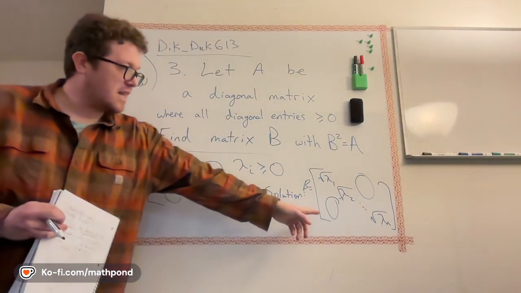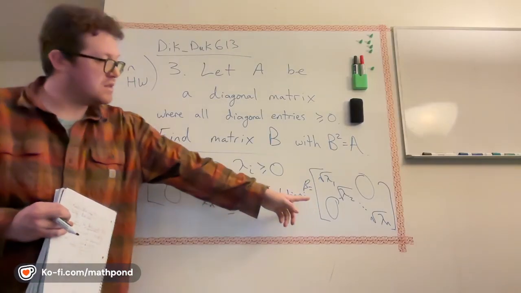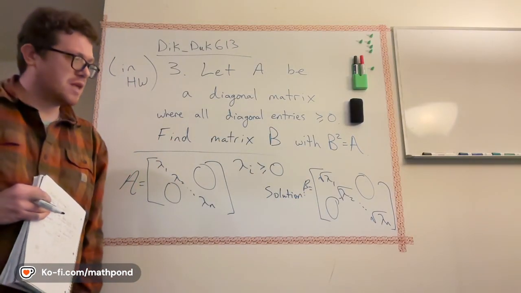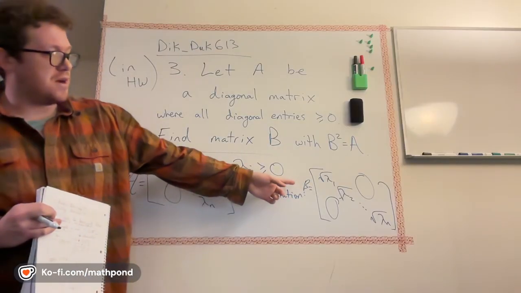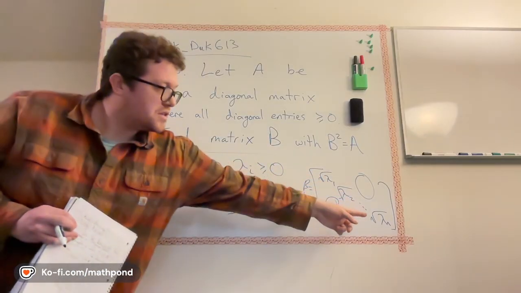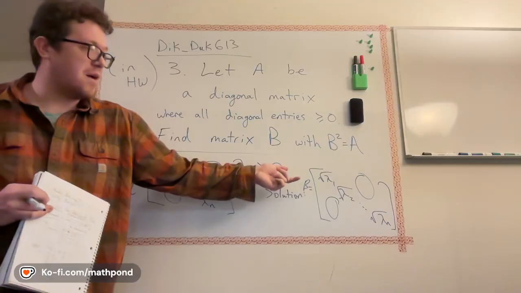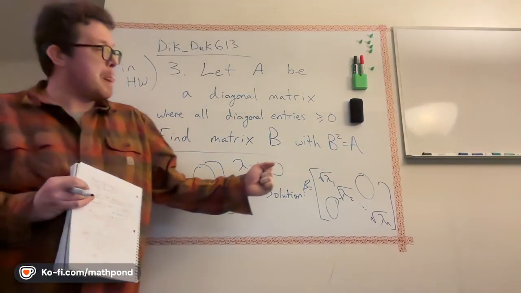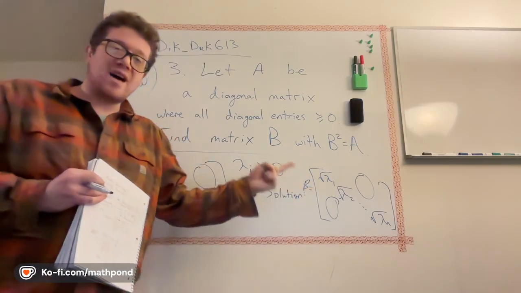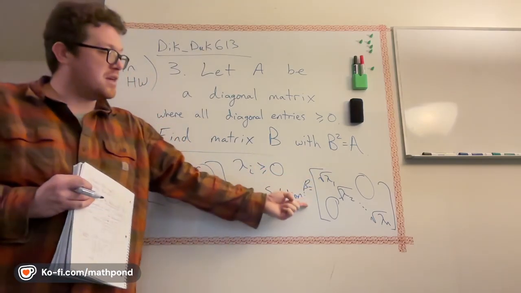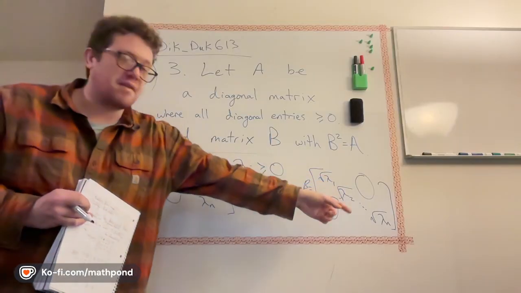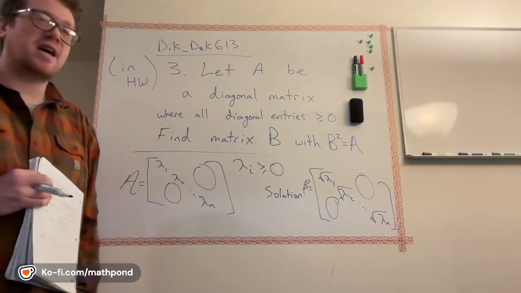I guess technically there's also a negative square root, right? So you have to be a little bit careful. Actually there's a lot of square roots here, right? Because I can take any one of these entries and flip the sign on that one and its square is still A. So here there's one unique positive square root, but there's actually many non-positive square roots which have negative eigenvalues or negative values along the diagonal.